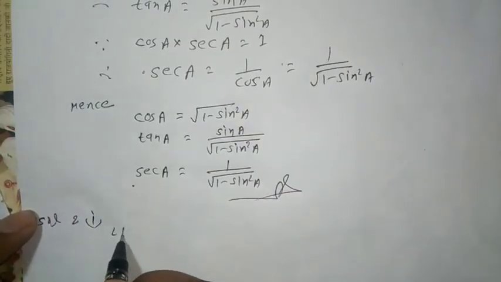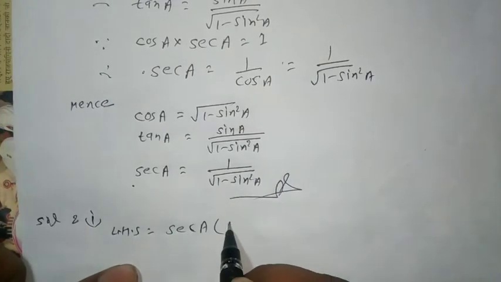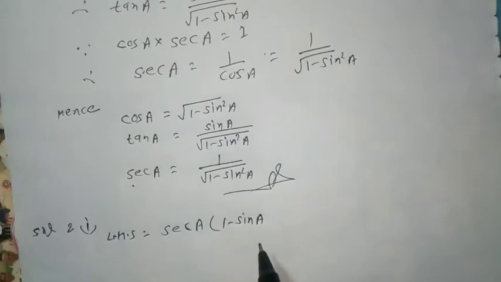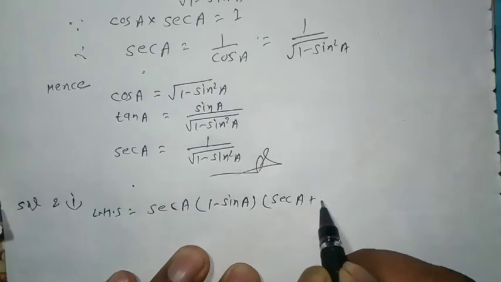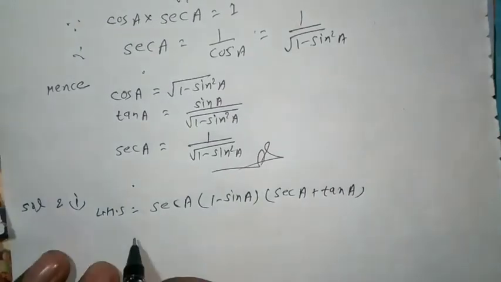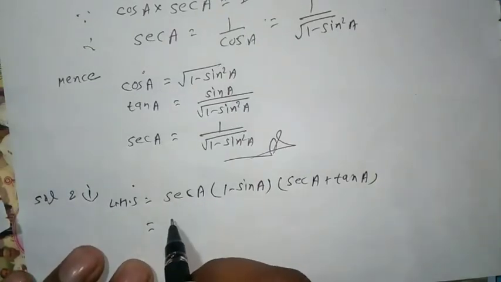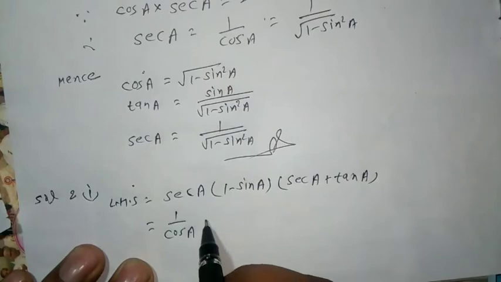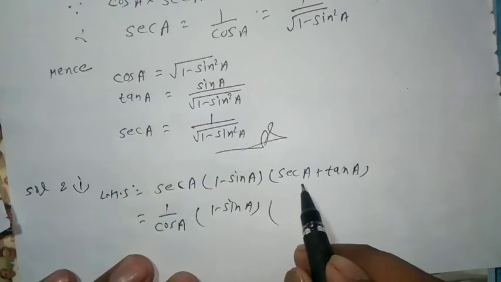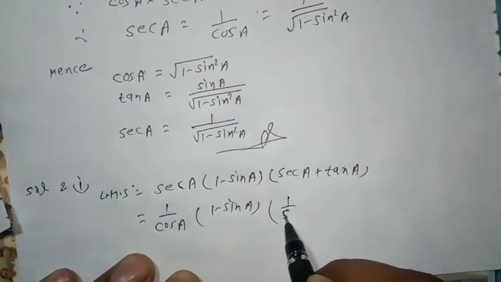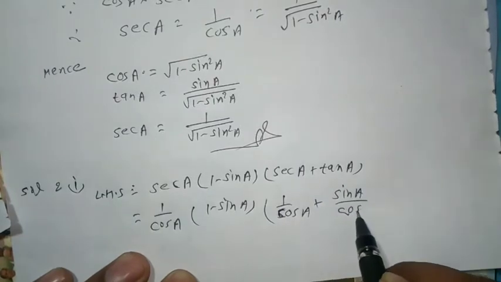LHS is equal to sec A into 1 minus sin A into sec A plus tan A. Now sec A is equal to 1 by cos A, so sec A plus tan A is equal to 1 by cos A plus sin A by cos A.